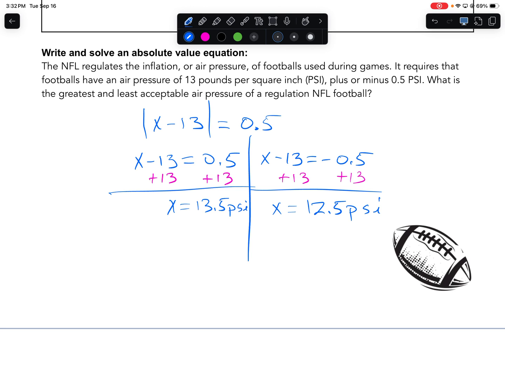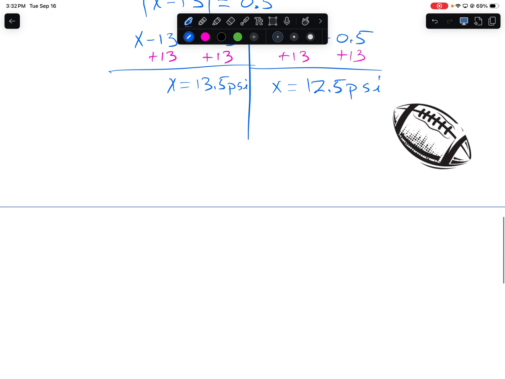So your homework is page 89, 2, 4, 6, 8, 10.